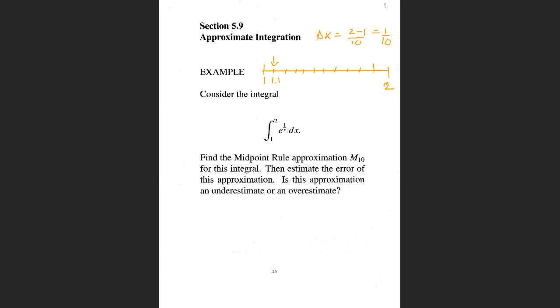Good, Nathan. Now, for the midpoint rule, what do we have to do for this first interval? The value that we're going to be using is halfway between 1 and 1.1. What's halfway between 1 and 1.1? 1.05.